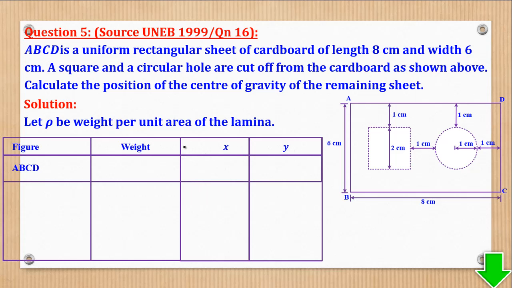So let's begin with the whole lamina, ABCD. It's a rectangle, meaning area times rho to give you 48 rho. Then the x coordinate is half of this, 8, which is 4. Then the y coordinate is half of this, 6, which is 3.